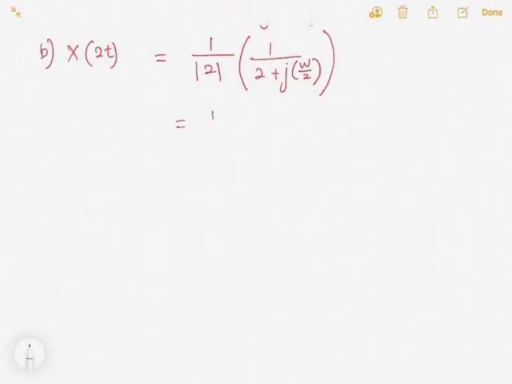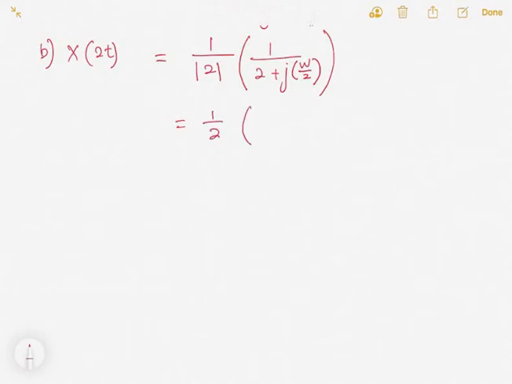Okay, second example, we have x(2t). If x(2t), this means that the a here is 2. So we have 1 over a, so a is 2. And then X(omega), so this means that we have 1 over 2 plus j, what? Omega over 2, right? Just now is omega over 0.5. Now it's omega over 2. So now this is 1 over 2.